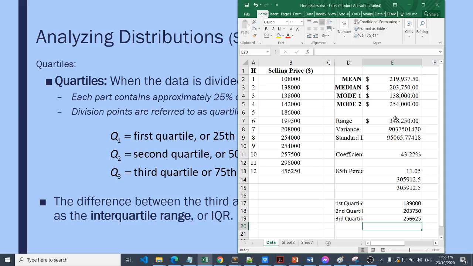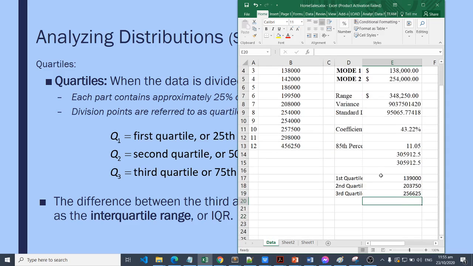And to get the interquartile range, or the IQR, we have here the IQR, which is the third quartile minus the first quartile.